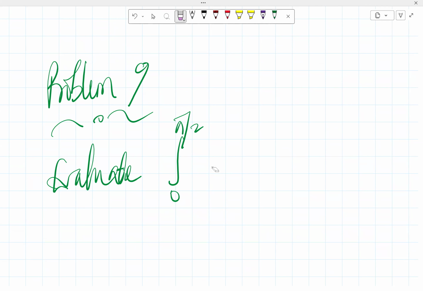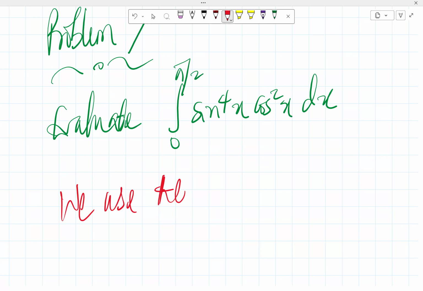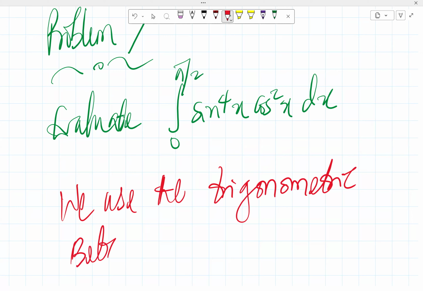So this is sine 4x cos 2x dx. In this case, we use the trigonometric beta function formula.